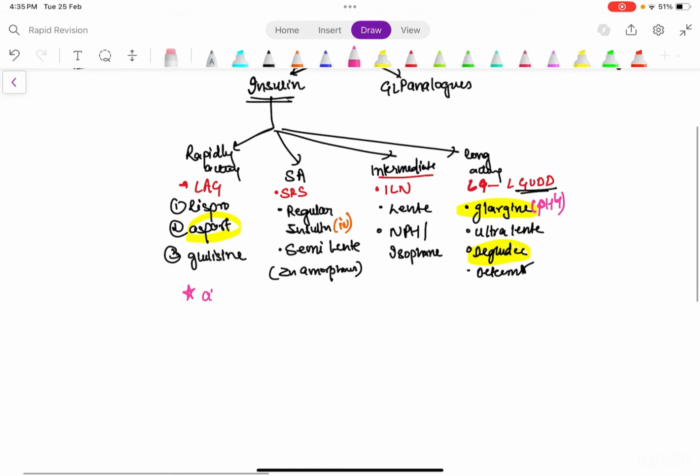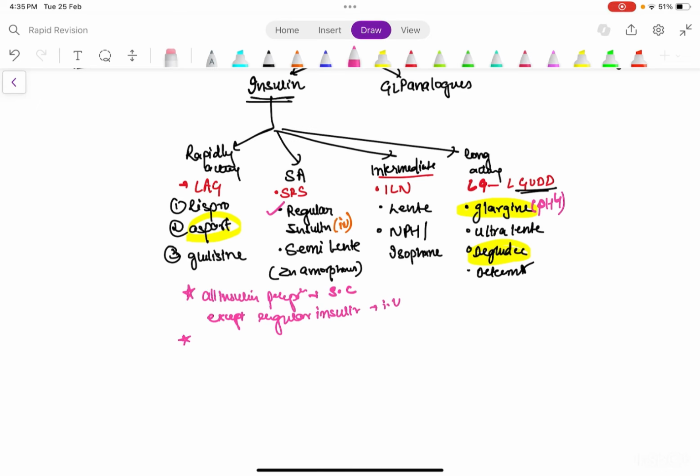Now insulin, you need to know a few more points. All insulin preparations are given subcutaneously, except regular insulin, which I told is given IV.